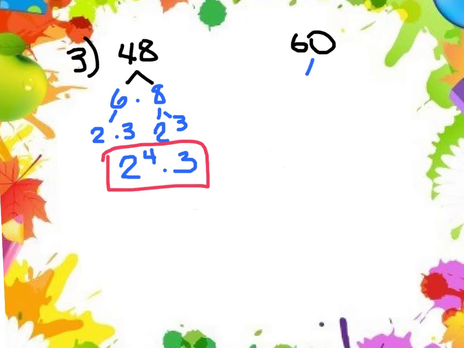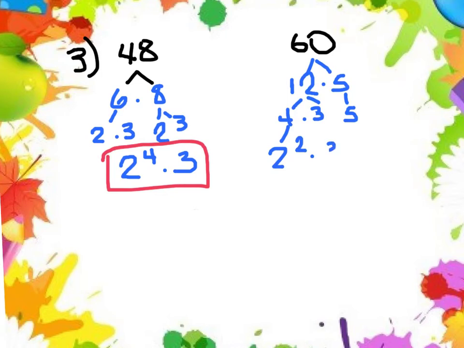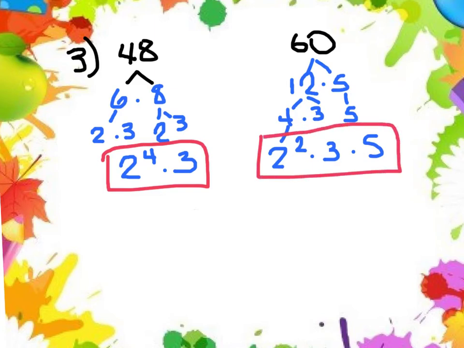For 60, it is 12 times 5. And 12 is 4 times 3 times 5. And 4 is 2 squared times 3 times 5. Okay, that's our prime factorization for 60. Now, let's get the greatest common factor.